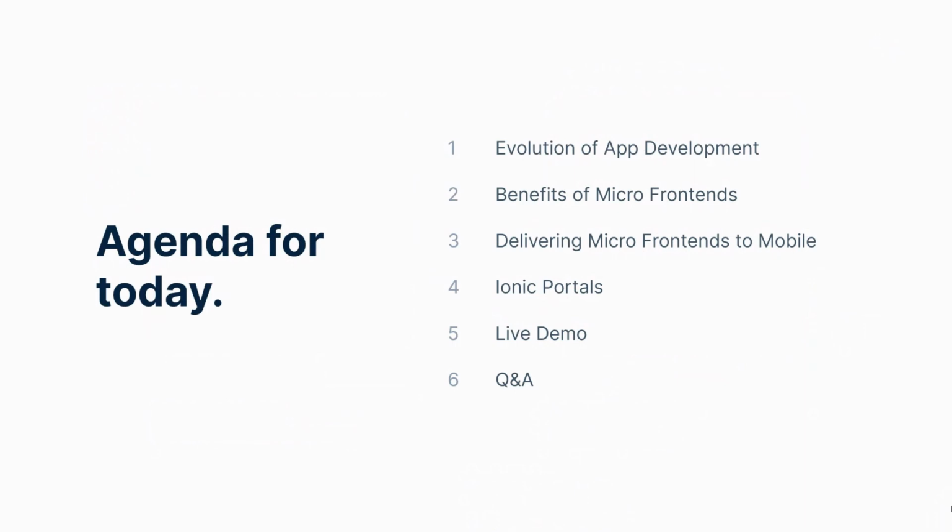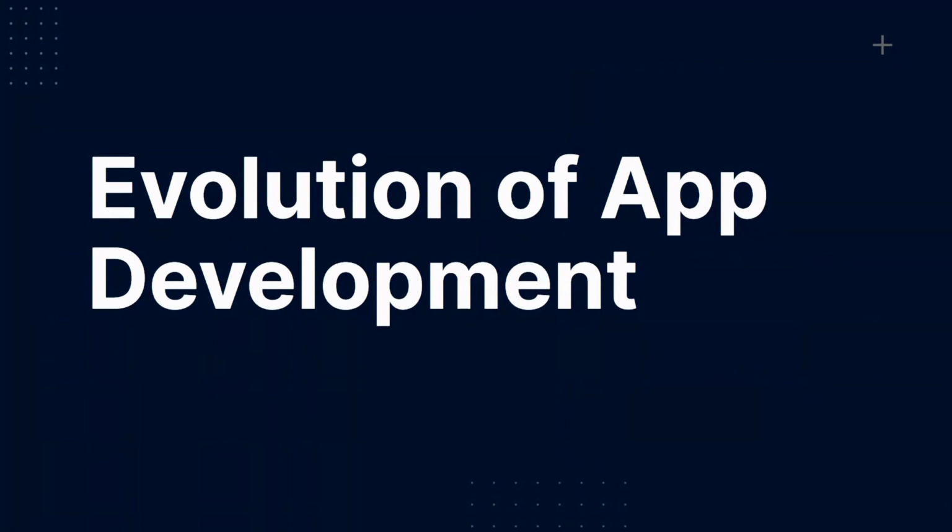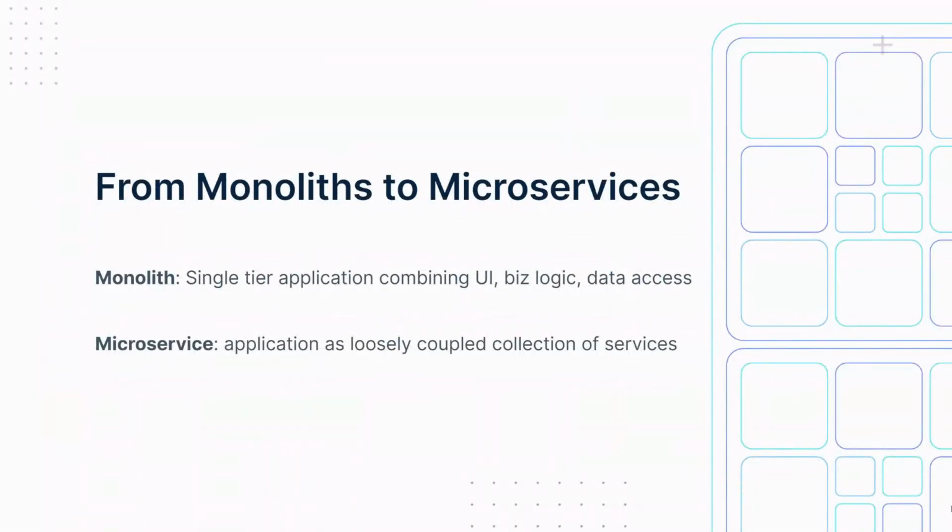So let's get started. First, I wanted to talk about the evolution of app development, just really briefly, to show how we led up to everything from monoliths to microservices and then micro front ends. Going back many years, perhaps the most popular way of building apps across any type of stack is the monolith.